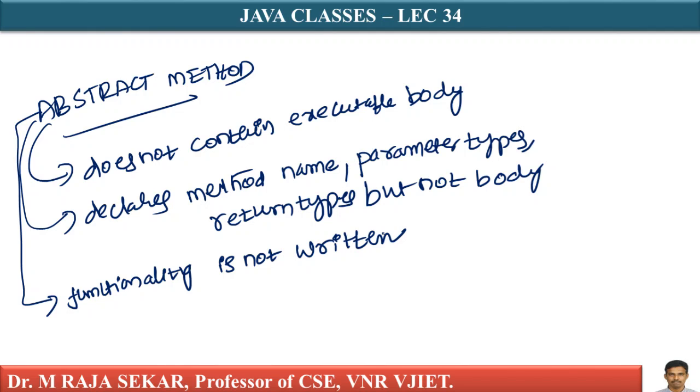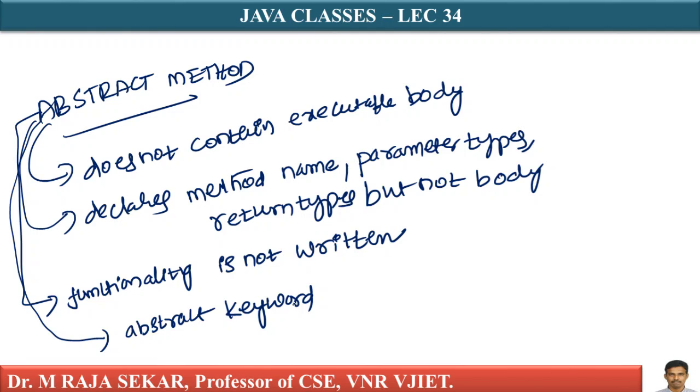As I told you, an abstract class starts with the abstract keyword. In similar manner, an abstract method is declared with the abstract keyword and ends with a semicolon instead of a method body.